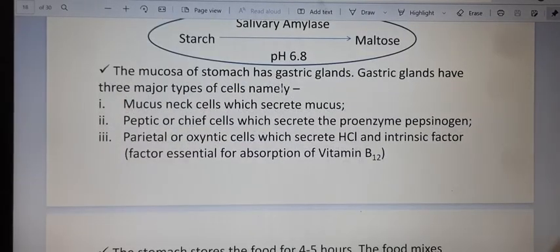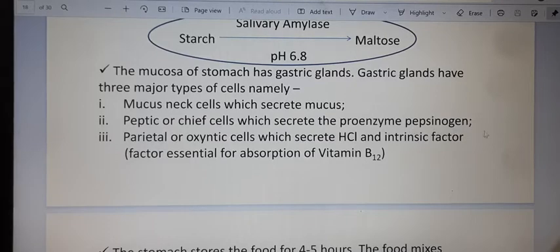Then the mucosa of the stomach has gastric glands. These gastric glands, present in the mucosal lining of the stomach, include mucous neck cells, which secrete mucus, and peptic or chief cells, which secrete the proenzyme pepsinogen.